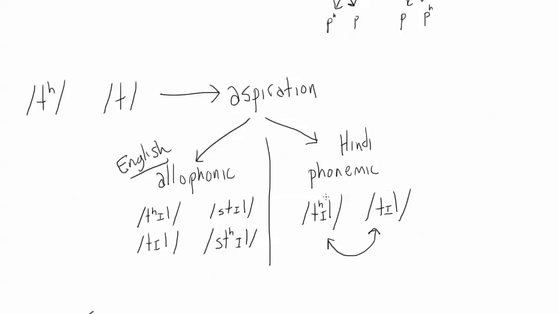Whereas Hindi speakers have a ton of experience doing it, they've been doing it from the beginning. Just like we've been hearing the difference between L and R, Hindi speakers have been hearing the difference between aspirated T and unaspirated T. So in any case, hopefully that gives you some help about the concept of an allophone.